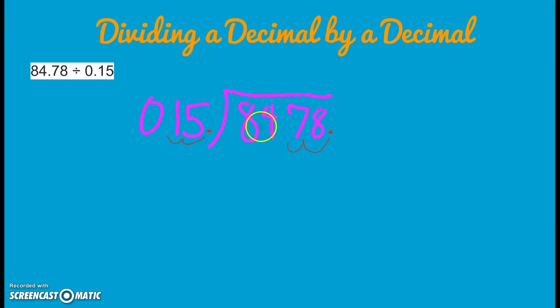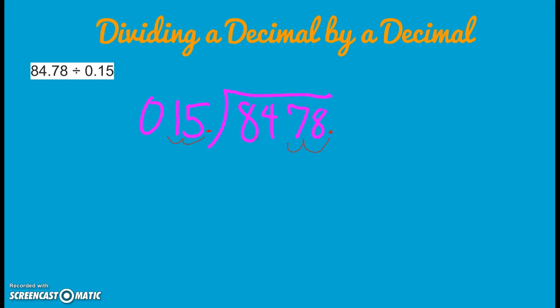15 into 84. Well, I'm going to think about a clock because a clock is broken down into 15-minute quarters. So a quarter of an hour is 15 minutes. So that means 15, 30, 45, 60. Well, it's going to be more than 60. What's 15 more than 60? That's 75. 15 more than that would give me 90.